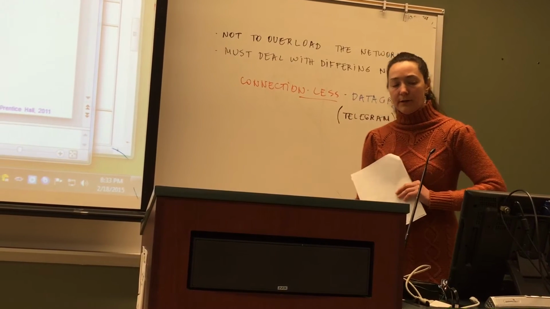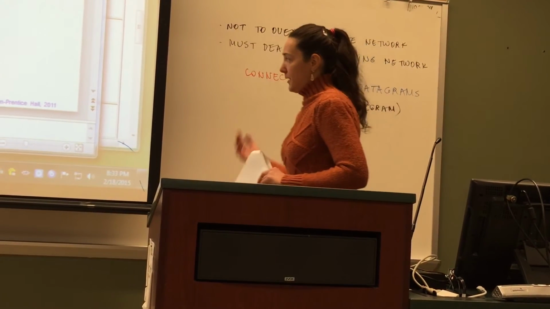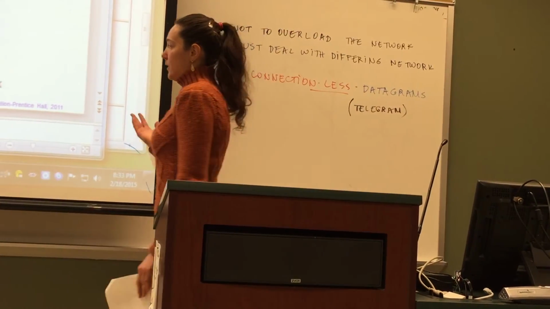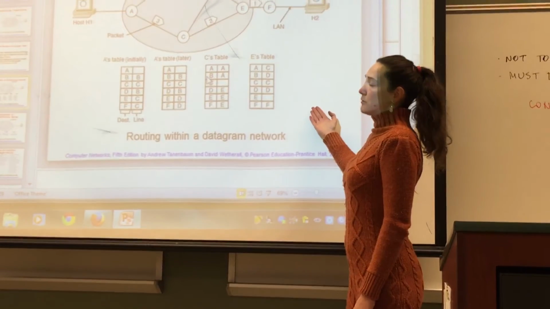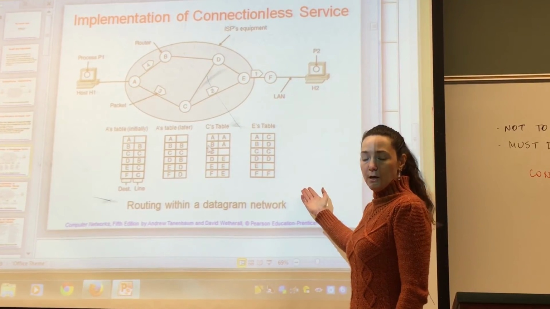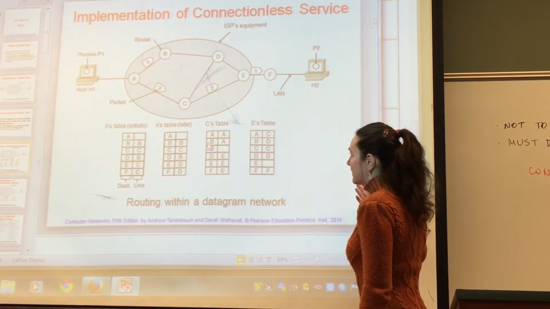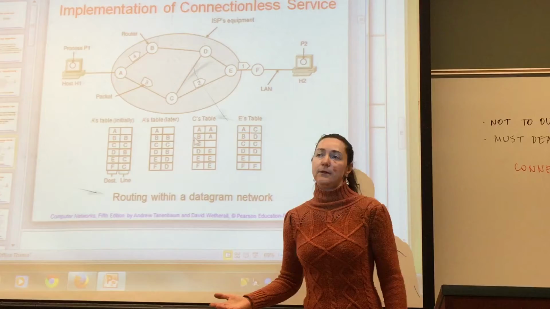In layer 3, the network layer, where we have the IP protocol, the internet protocol, there are no connections. Most of it works like that, well, what we see here. There is no guarantee that the packet will get there.